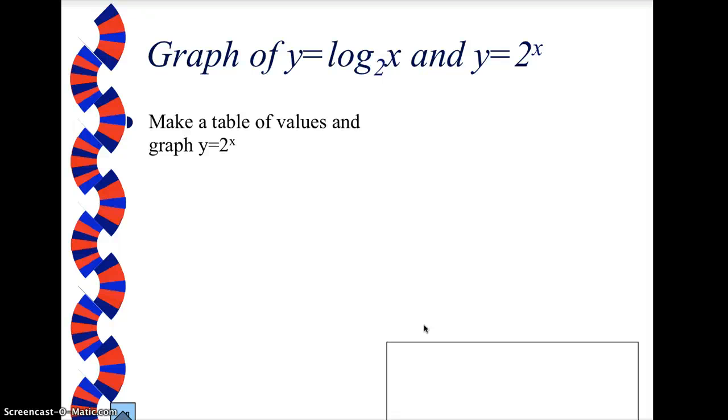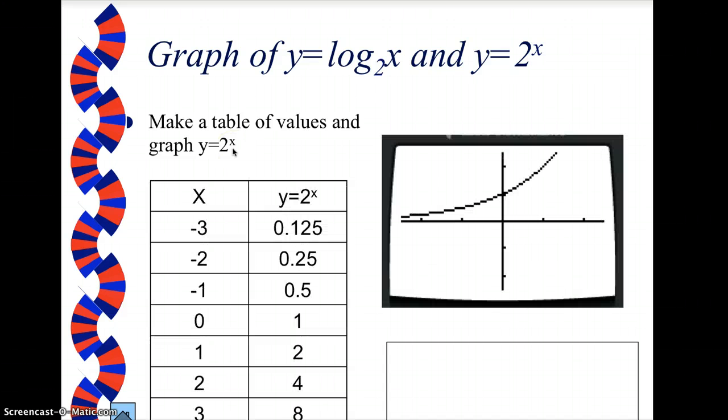We're going to graph y is equal to 2 raised to the x. On this column, I assigned -3, -2, -1, 0, 1, 2, 3. These can be any values, it's just better to graph both negative and positive values. So here, I use from -3 to 3.